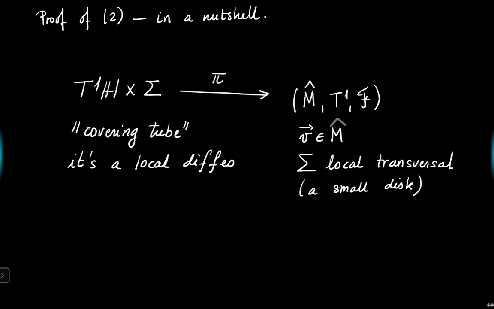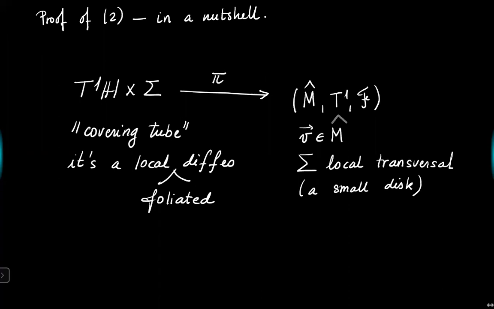It's a local foliated diffeomorphism, which means that each T1 of H factor goes onto a leaf of T1 of F, and along each leaf this is a uniformization of the leaf.